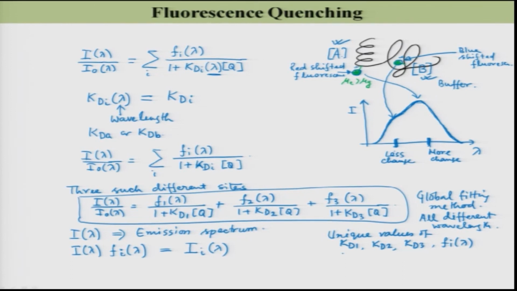Okay. And another piece of information I know is that the sum over i of f i is equal to 1. That means what you will get is all these f i lambda, and this is your measured spectrum.